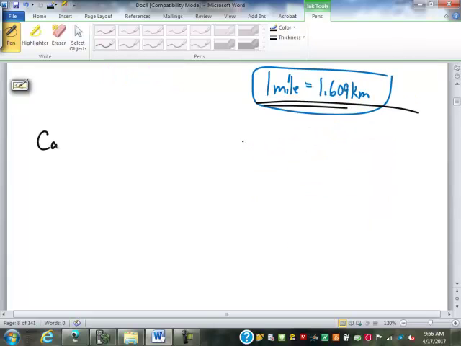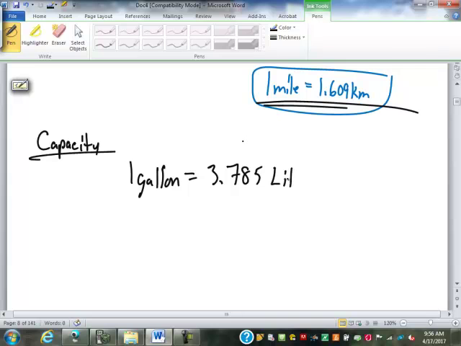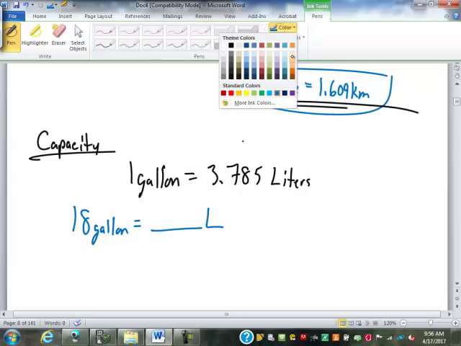For capacity, I know that 1 gallon is 3.785 liters. So let's say you have an 18-gallon tank on your car. How many liters is that going to be?